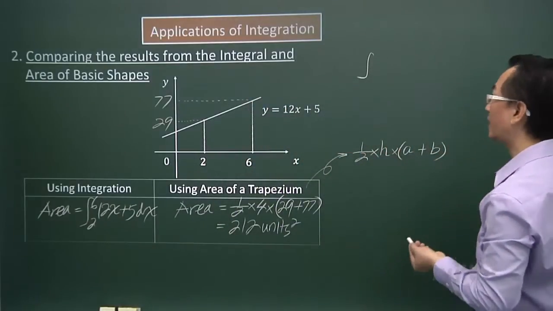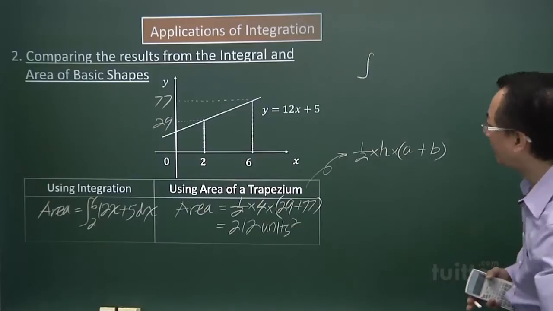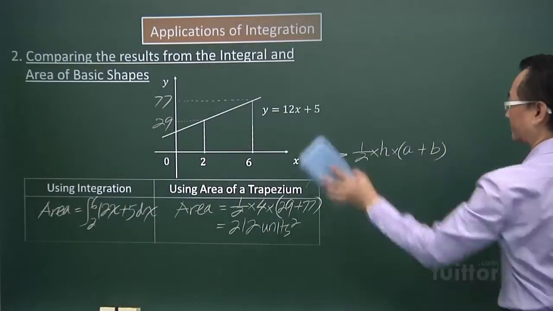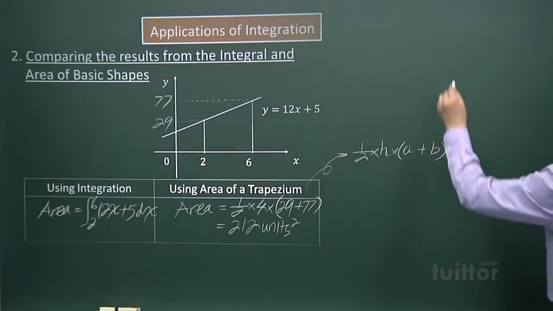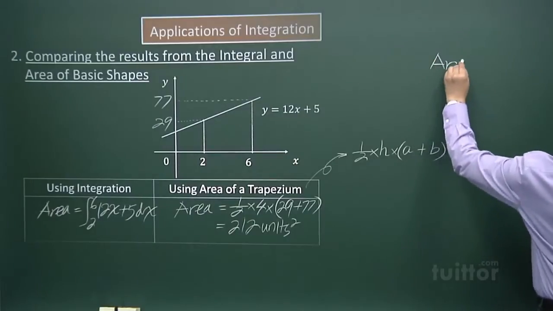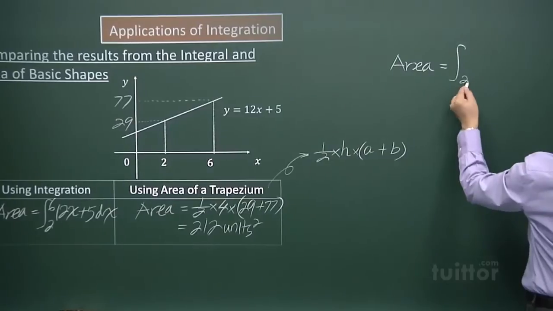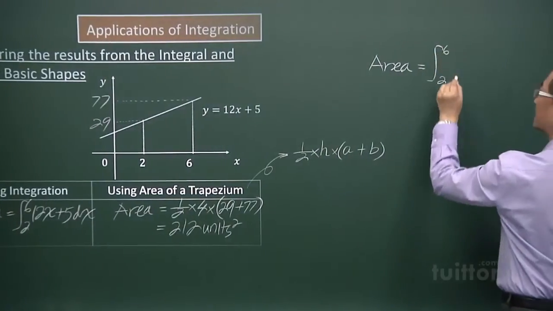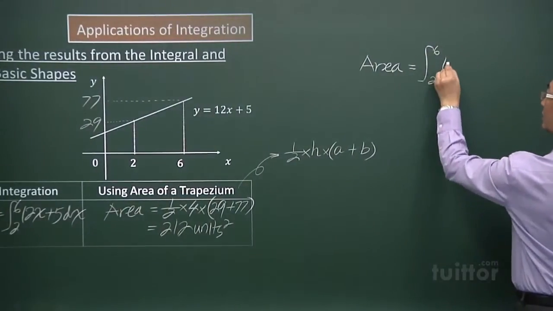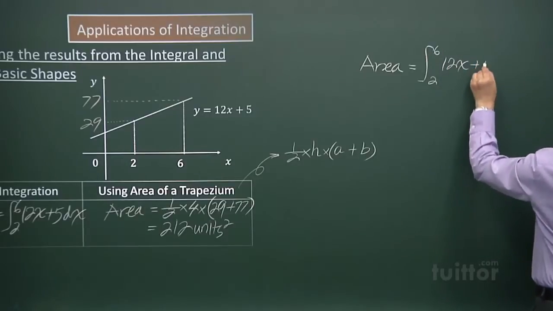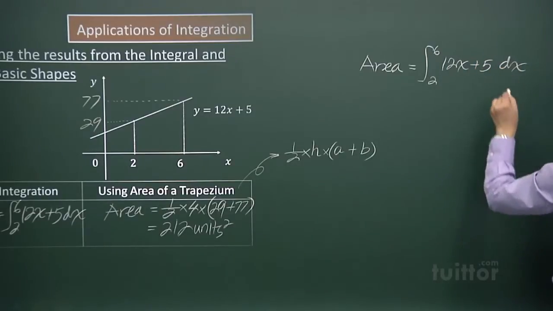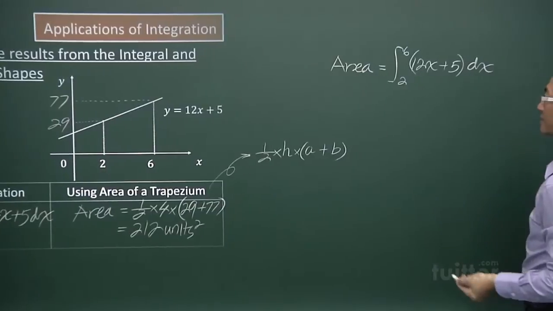So for the full working, I'll do it here. Area is equal to the integration from 2 to 6 of 12x plus 5 with respect to x.